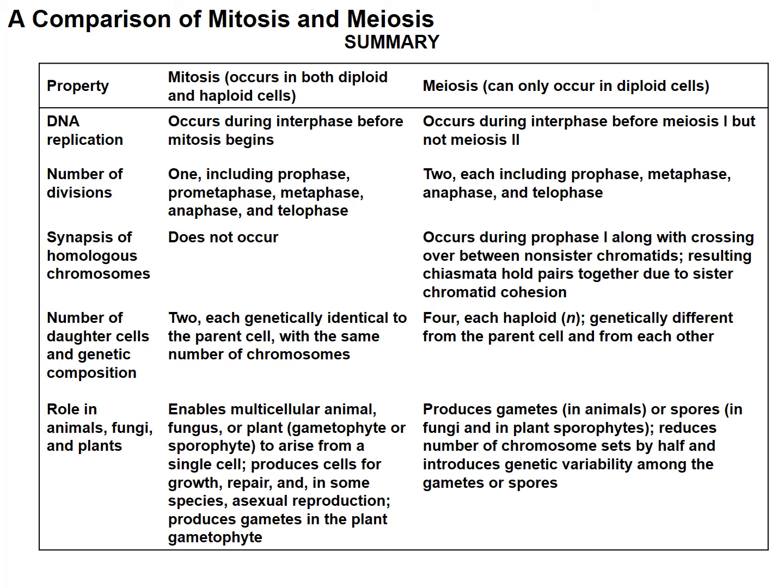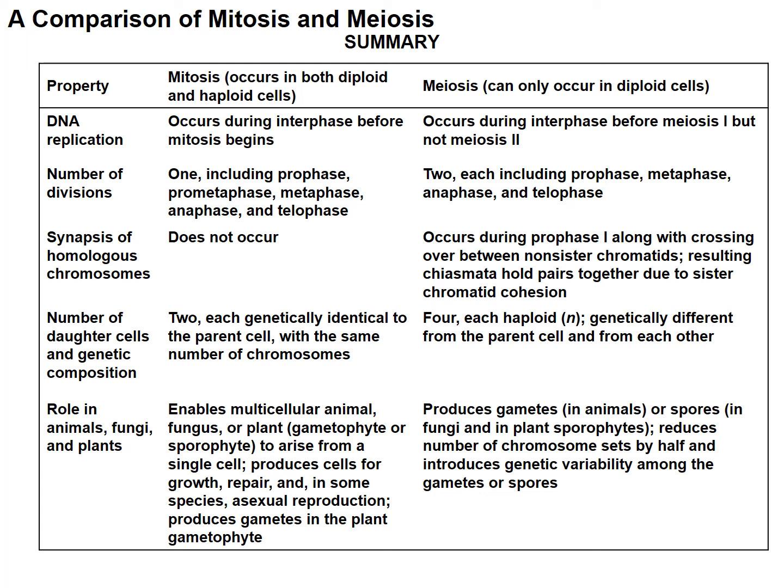It's in prophase 1, along with crossing over. As a result of mitosis, there are 2 daughter cells. Each are genetically identical to the parent cell and have the same number of chromosomes. As a result of meiosis, there are 4 haploid cells that are genetically different from the parent cell and from each other.